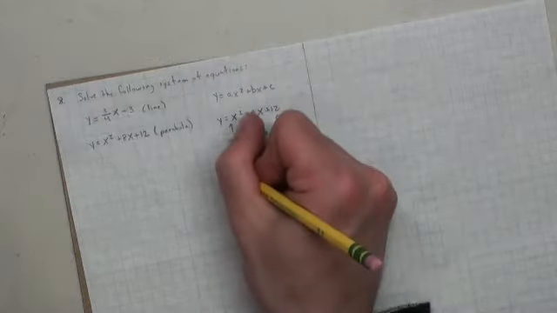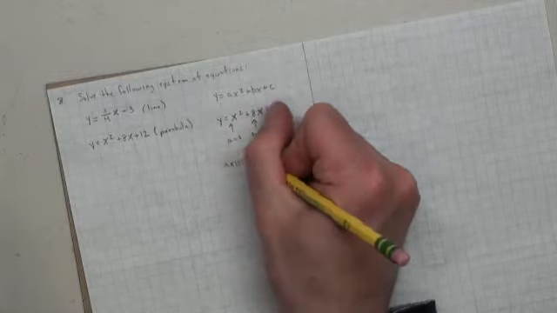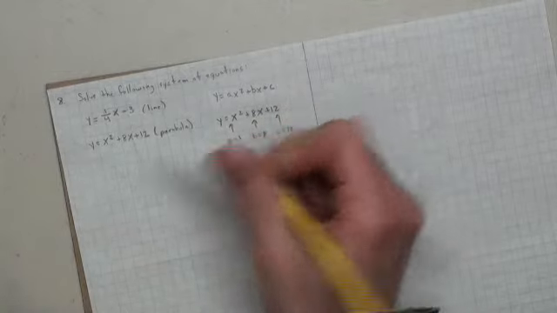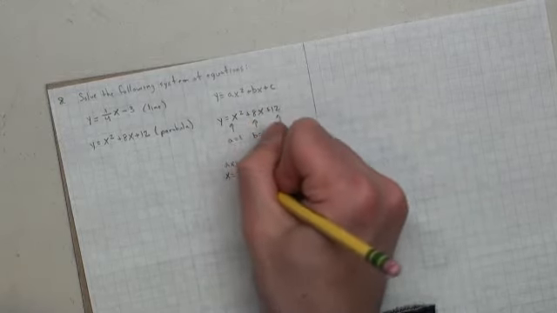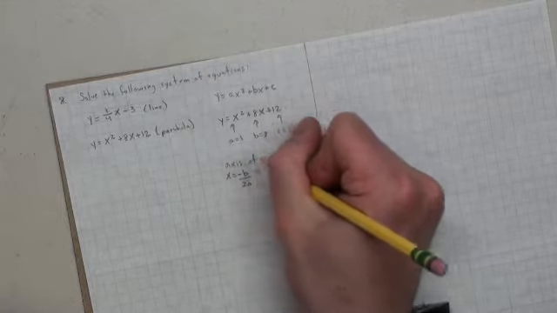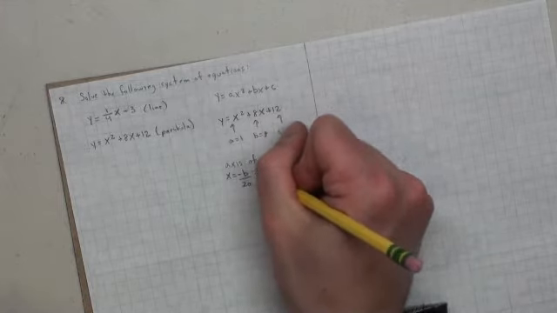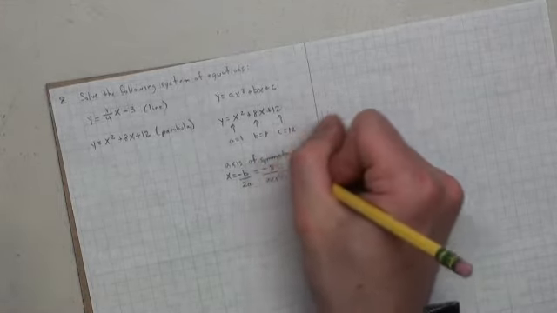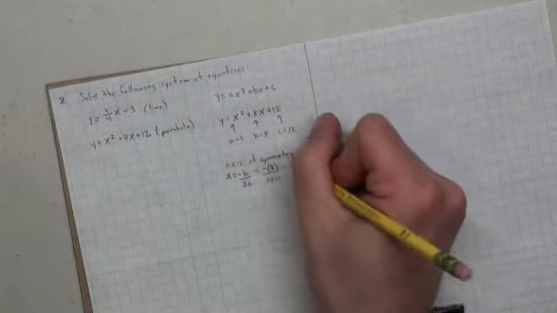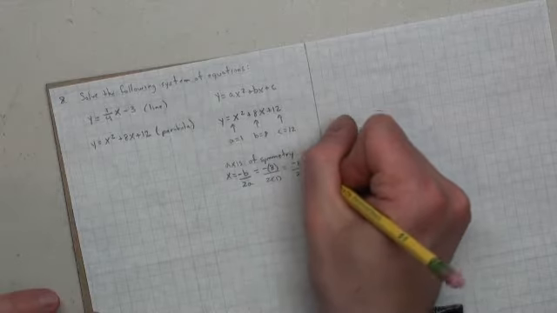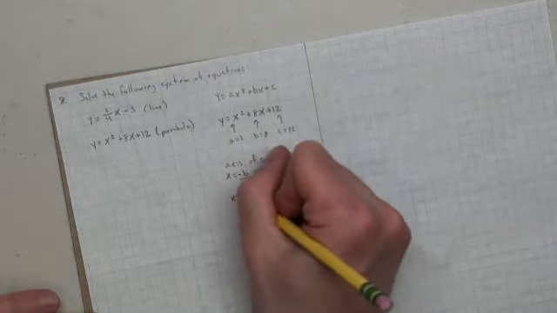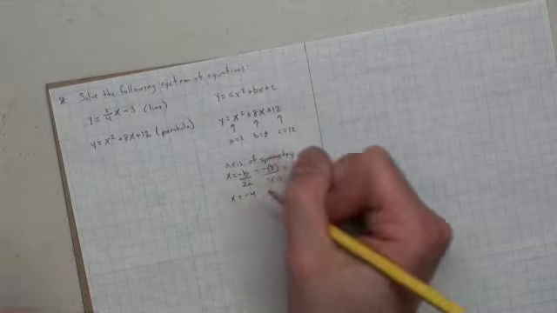Now let's figure out our axis of symmetry. x equals negative b over 2a equals negative 8 over 2 times 1. So that's negative 8 over 2, so negative 4. Our axis of symmetry is x equals -4.